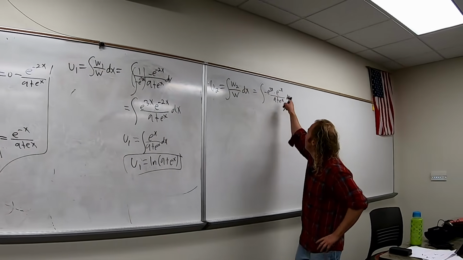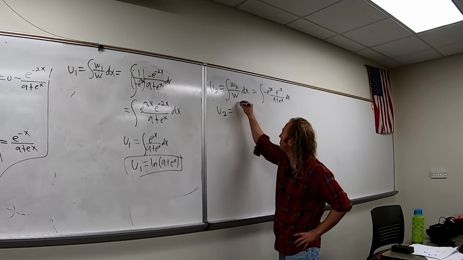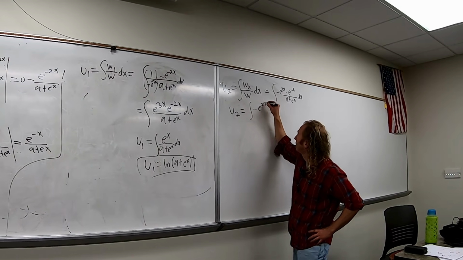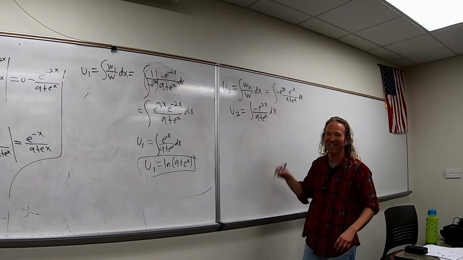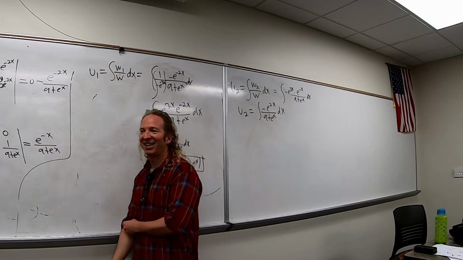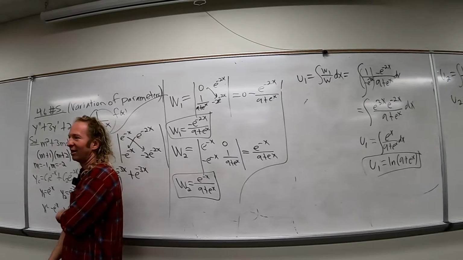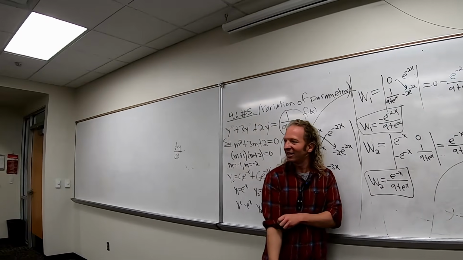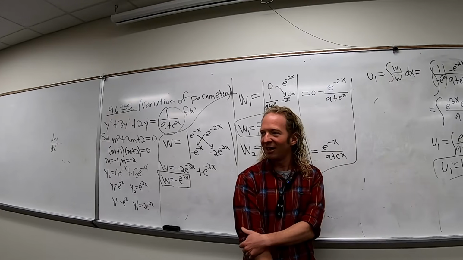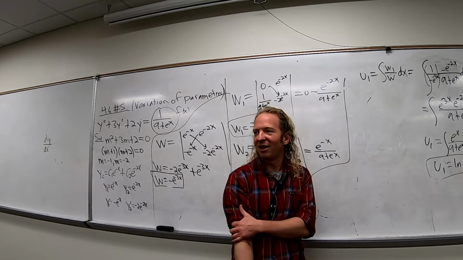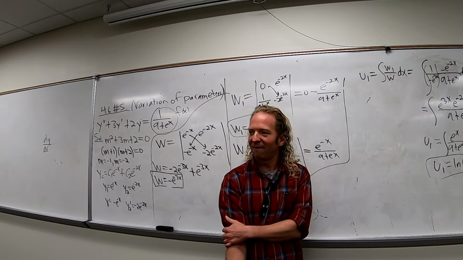Yeah. So this is going to be U2 equals negative e to the 2x, and this is where people give up. Yeah, you can say u is equal to e to the x, and then e to the x is equal to u minus 9. And then you get u minus 9 du over. Yeah, you could do it that way.